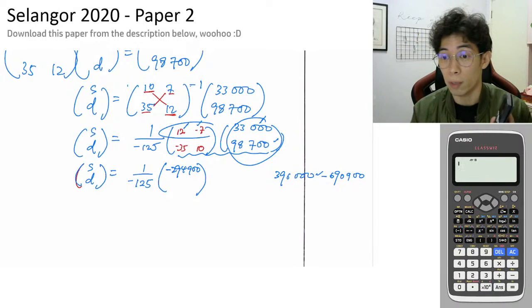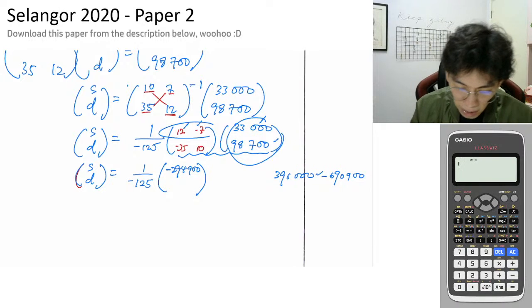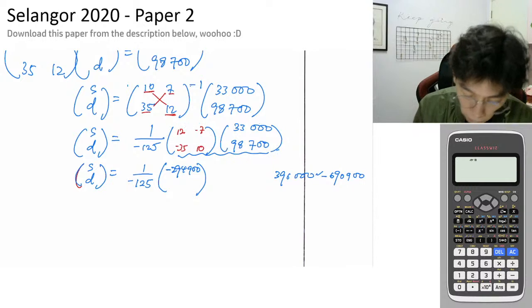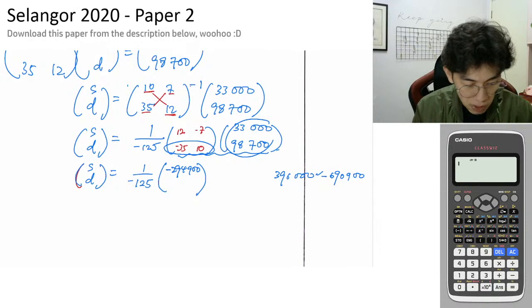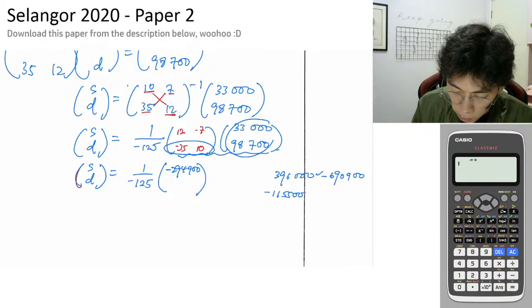Hey, everyone, if I do some little calculation error, please let me know. So the next one, this one done already. So I will repeat my row column again. Minus 35 times 33000, negative 1155000.